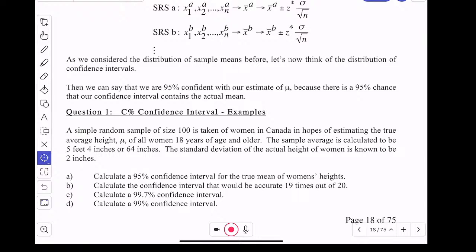The sample average is calculated to be 5 feet 4 inches or 64 inches. So that's what I'm going to use as the sample average.